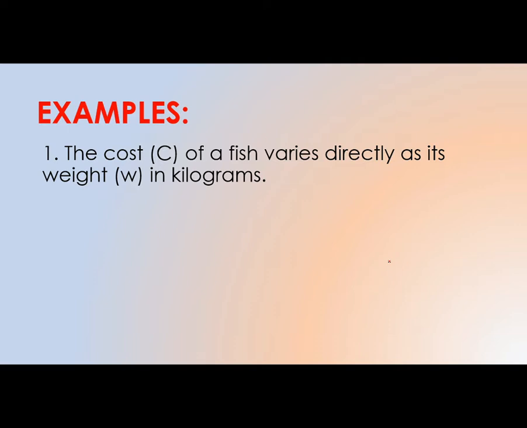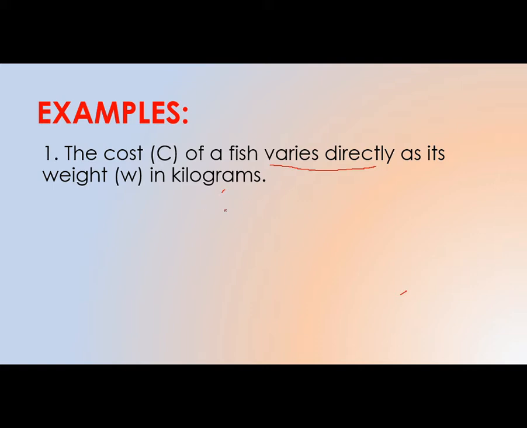So let us have an example. The cost of fish varies directly as its weight in kilogram. The words varies directly indicate that it is a direct variation.